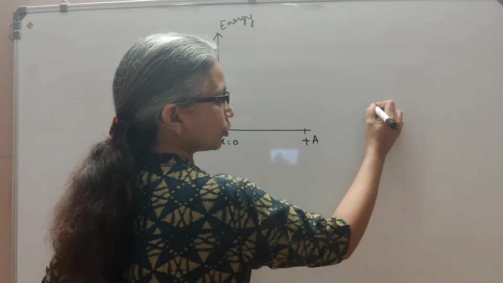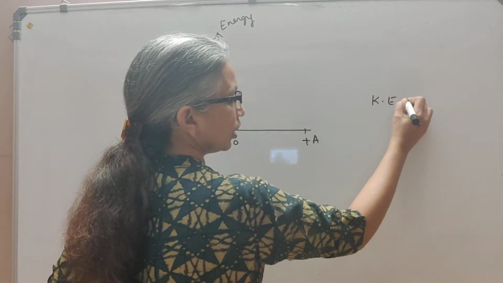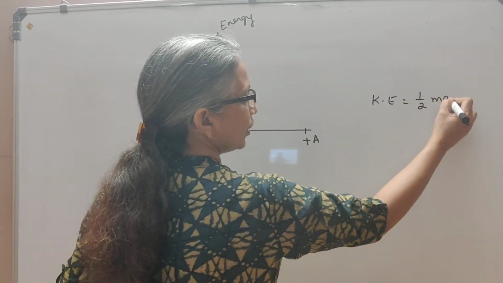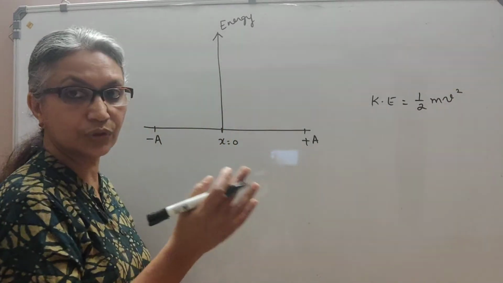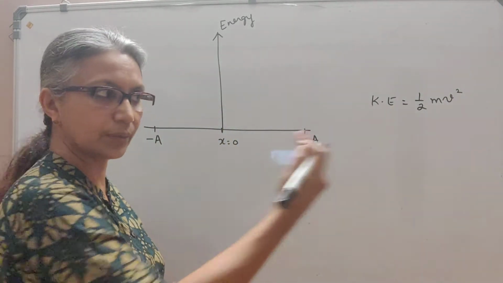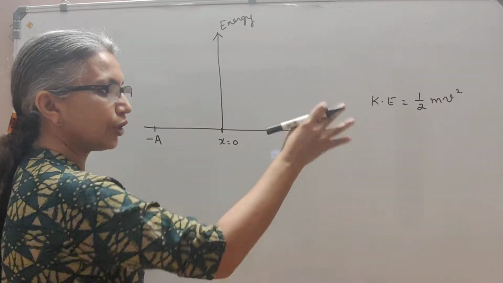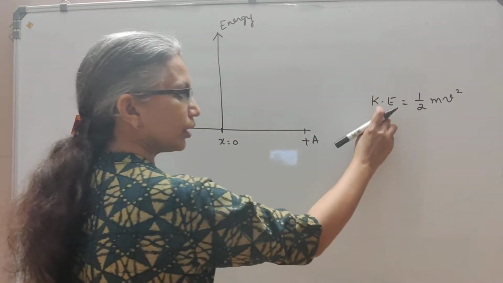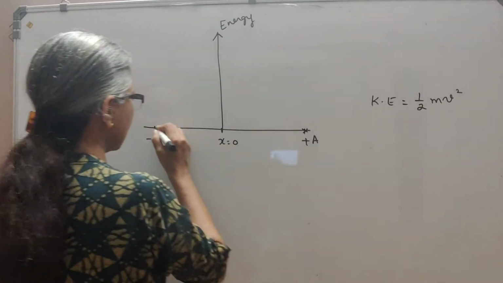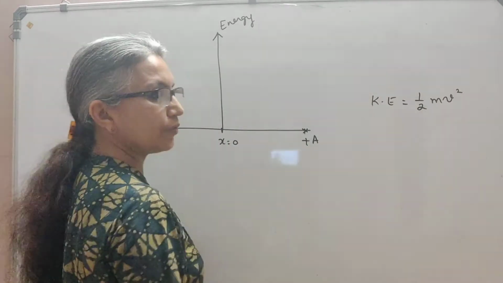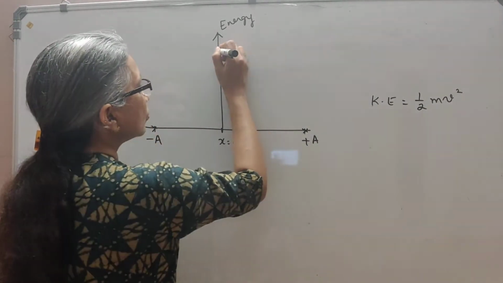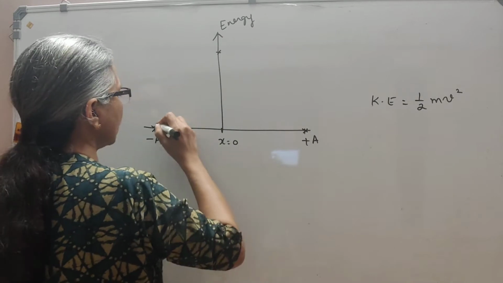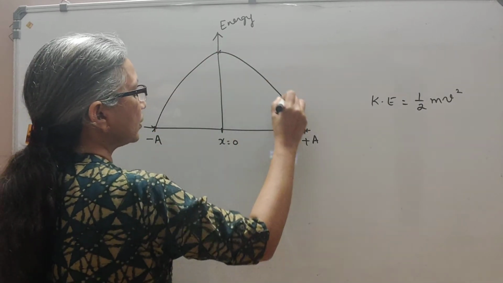At the extreme position, kinetic energy is half mv square, and at the extreme positions the velocity is 0 because the body is returning back. So kinetic energy is 0 at the extreme positions here. But at the mean position, the velocity is maximum. So we give the maximum value here, and this will be your kinetic energy curve.